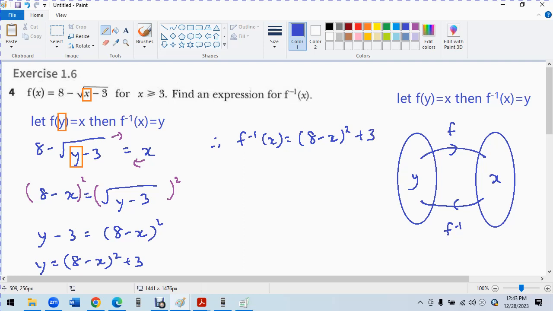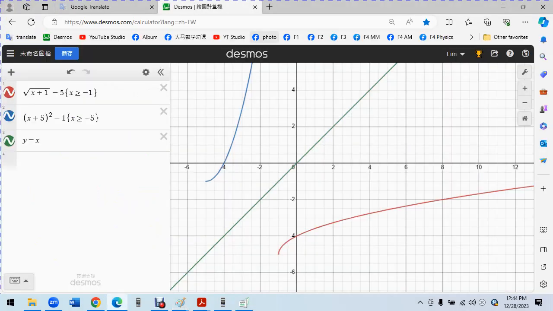Okay, so we can have a look at the Desmos.